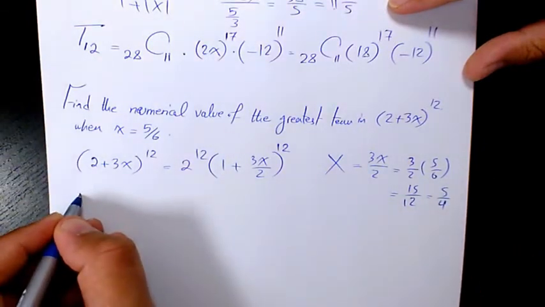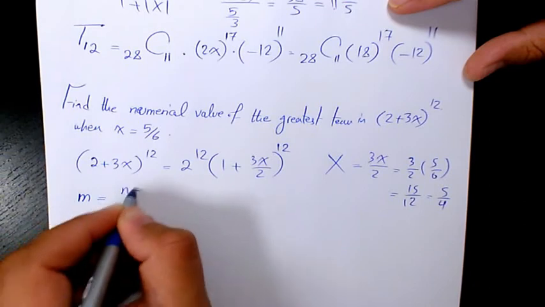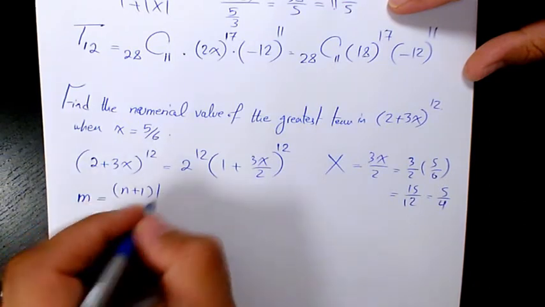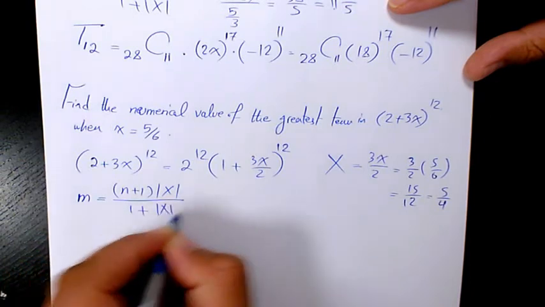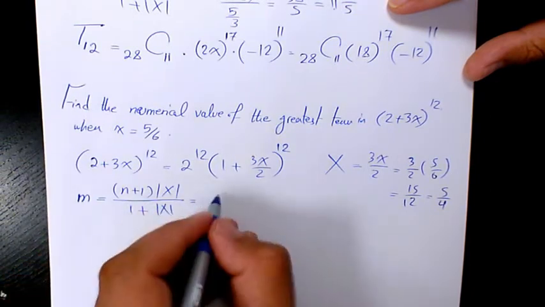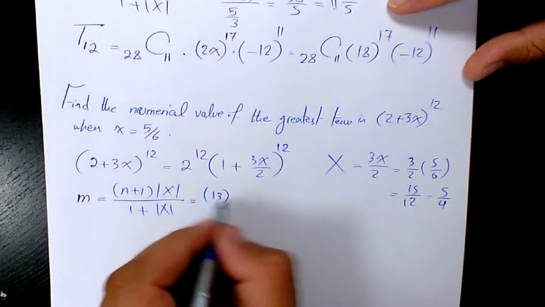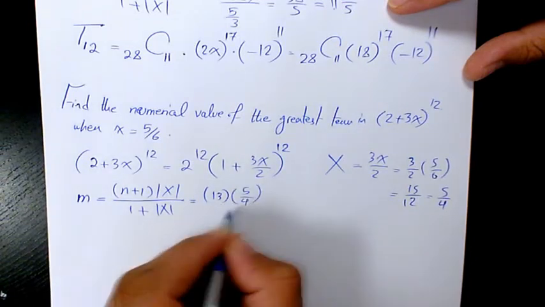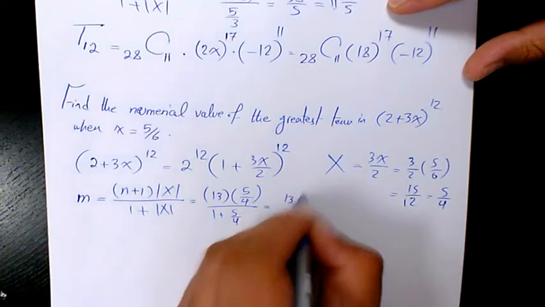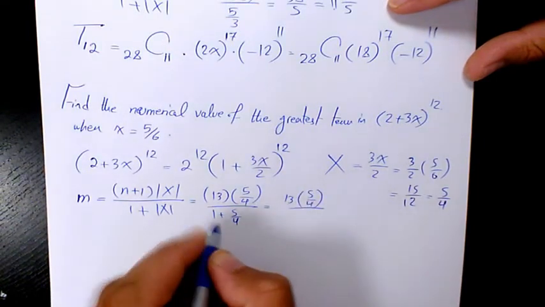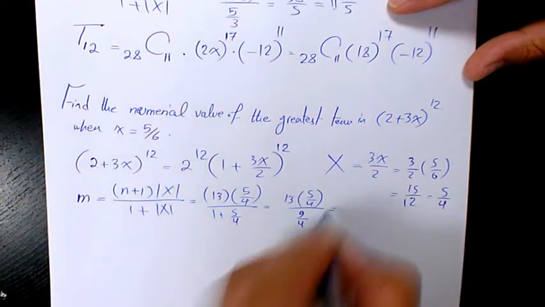So m is (n plus 1) times |x| over 1 plus |x|. n plus 1 is 13, times 5 over 4. 1 plus 5 over 4 is going to be 9 over 4.